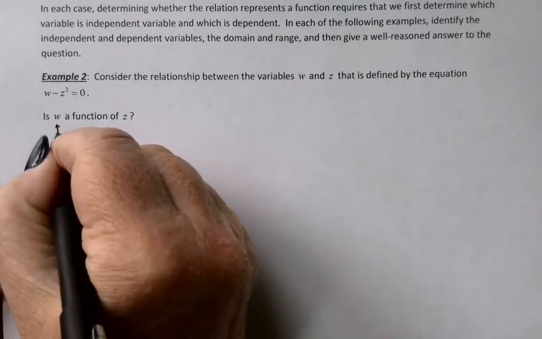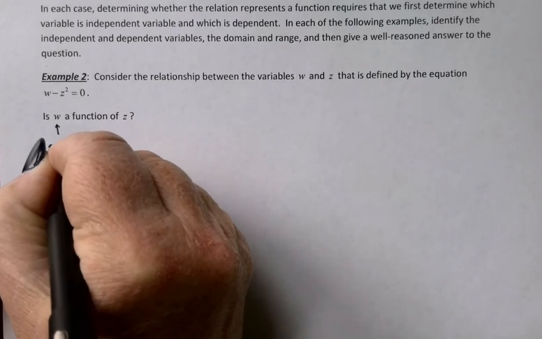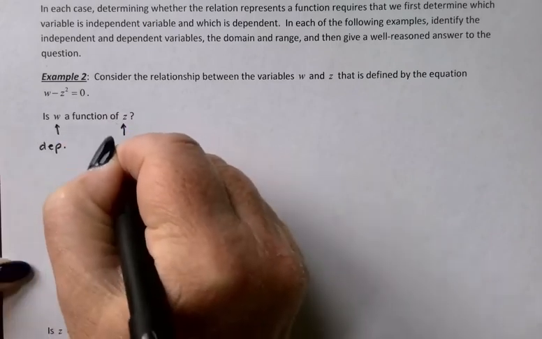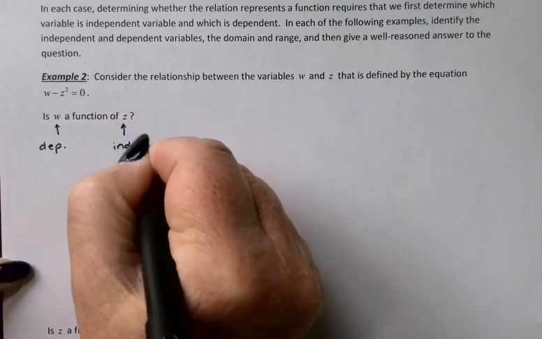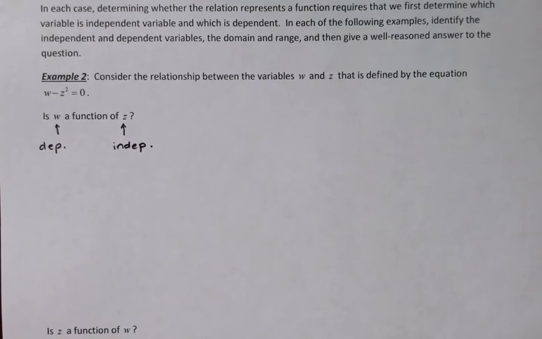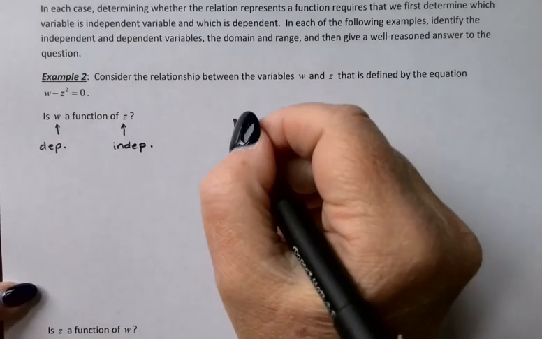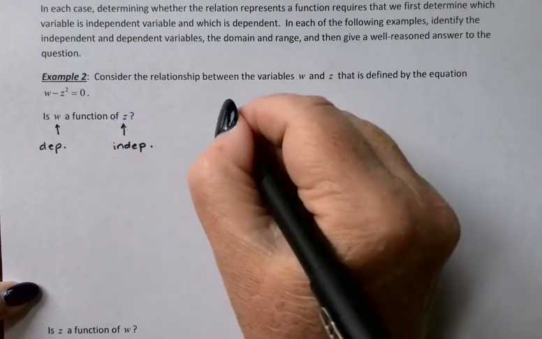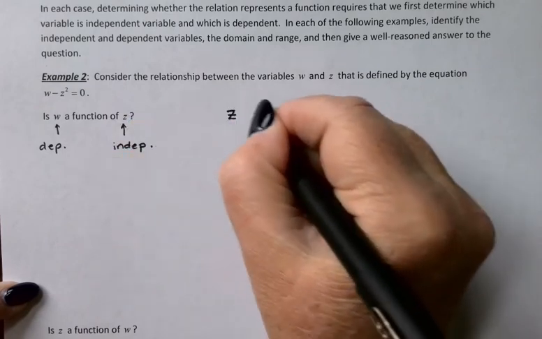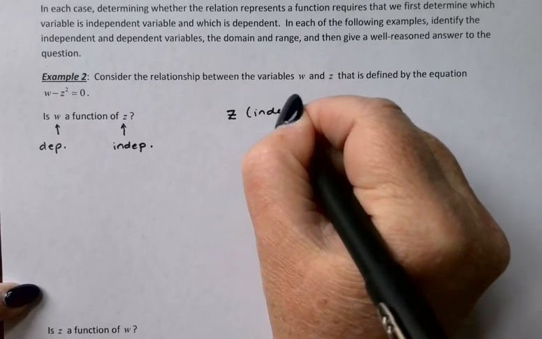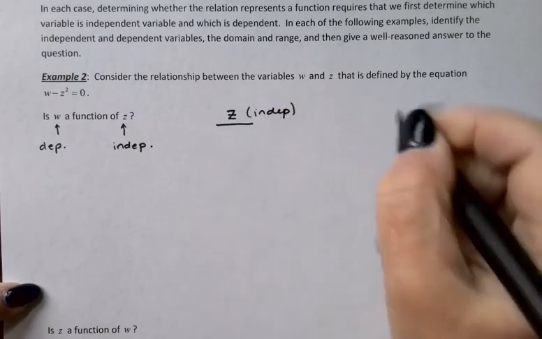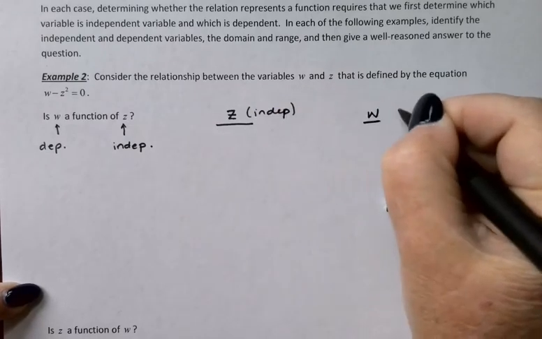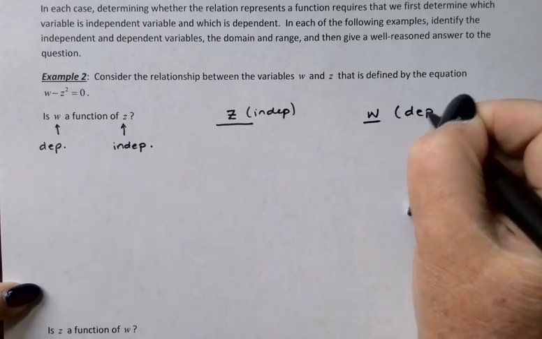This means that we're treating w as the dependent variable and z as the independent variable. And let's just try it out. Since z is independent, I'm going to choose values of z, and I'm going to see what values of w, the dependent variable, I get.